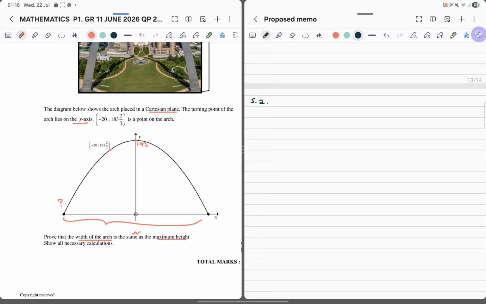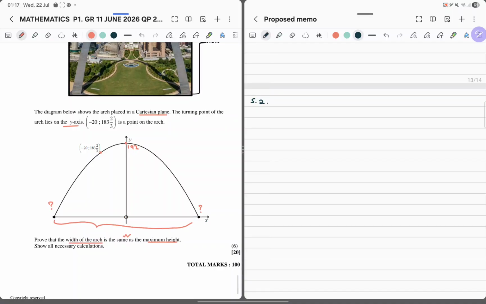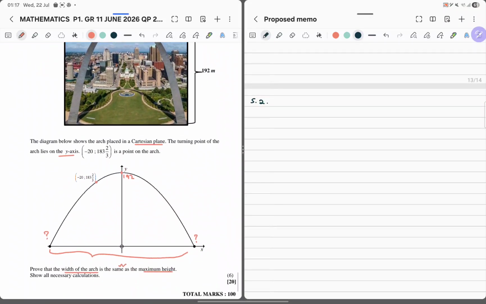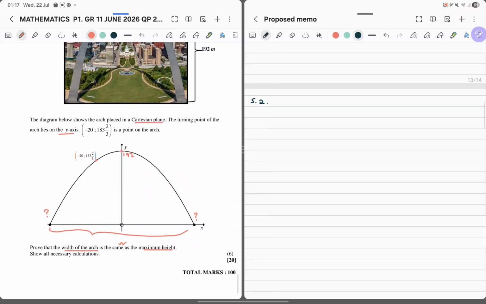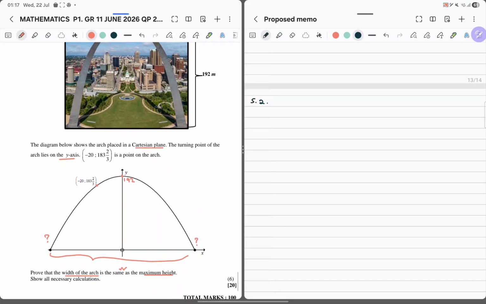So we need to find the x-intercepts. Remember, this is just a parabola given with the turning point and an extra point. So nice and easy. The first thing, we need to find the equation. From the equation, we then solve for the x-intercepts. Simple as that. After that, we take the difference between the two.